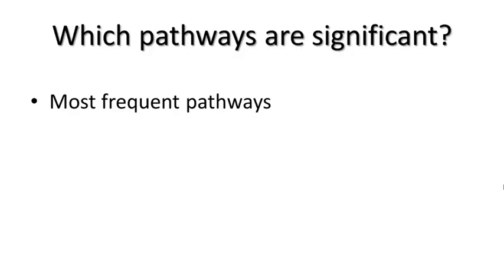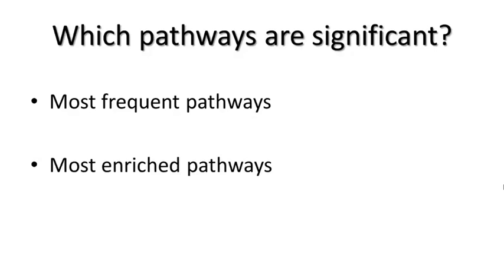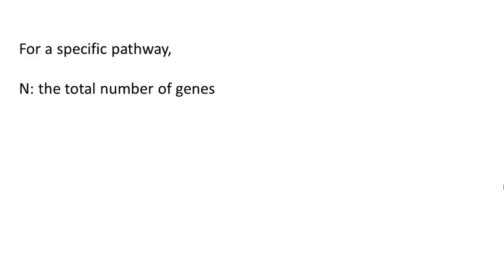So, the software needs to have a way to separate truly relevant pathways from random chance. One way to do this is by identifying statistically enriched pathways. Let's see how it is done in Cobus. In Cobus, each pathway is tested one by one.